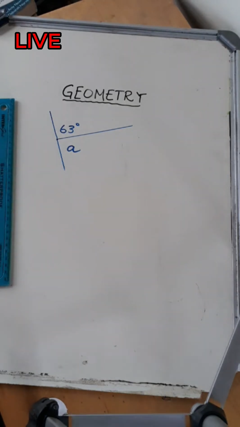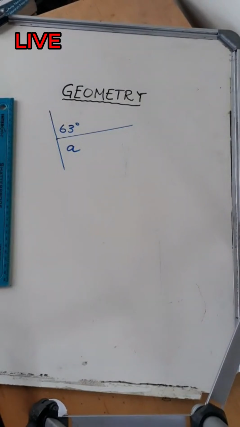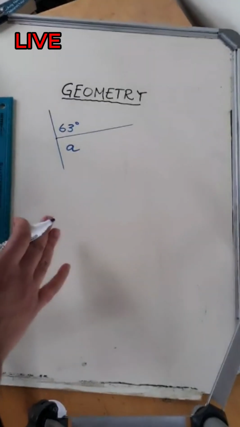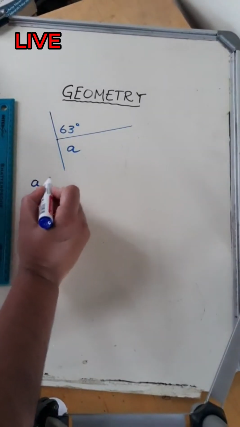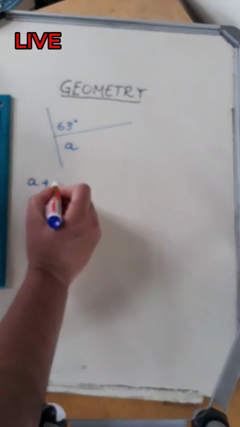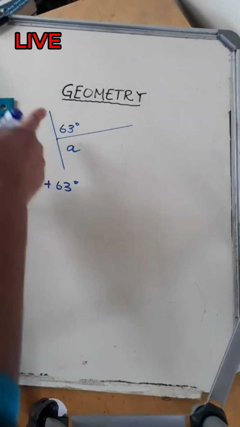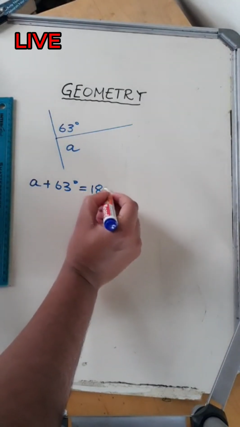So here the question is, what is the value of A? The first thing you need to know is, like I said, angles on a straight line is equal to 180 degrees. So if I write it down mathematically, it's going to be A, this angle A here, plus this 63 degrees, which is everything on the straight line, equals 180 degrees.